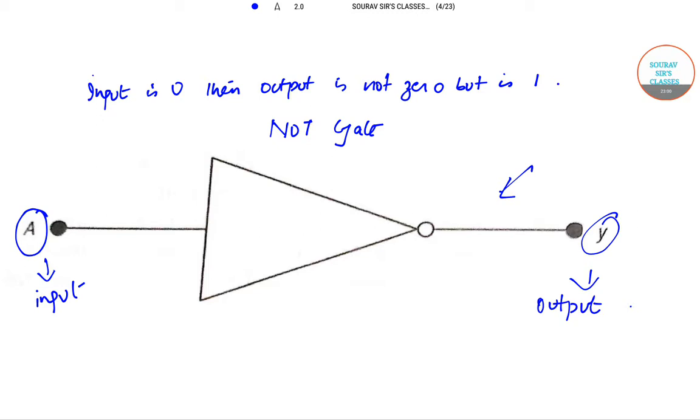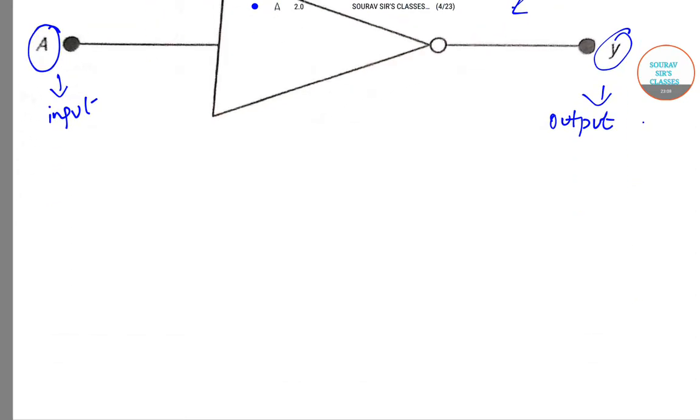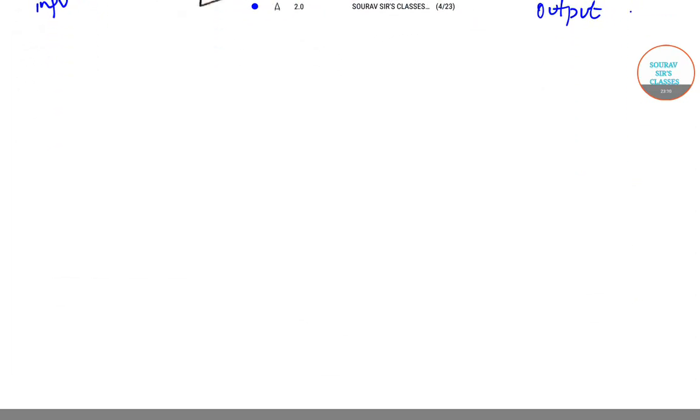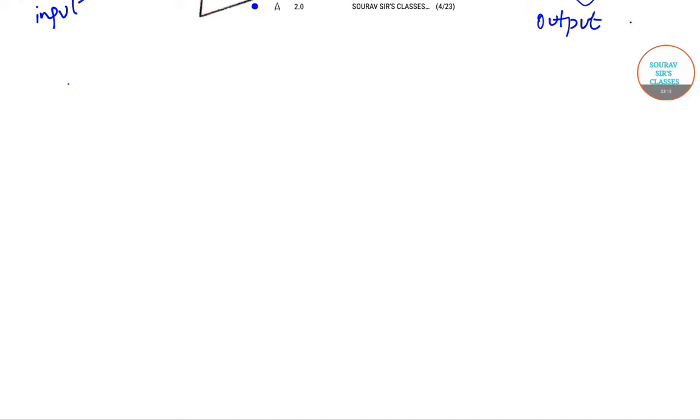Next, what we are going to do, we will talk about some useful laws of Boolean algebra. Okay, so let's speak about them. So now we are talking about useful laws of Boolean algebra.